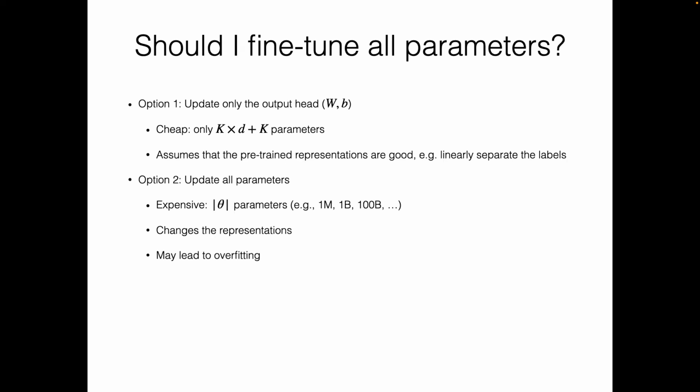So then we could consider the other extreme, which is we update all the parameters. Here, the key downside is that this is expensive. By expensive, I mean that let's say you're updating all the parameters on a 100 billion parameter model. In a later lecture, we'll break down exactly what is involved in that, like what you need to store and how you'd fit this onto different GPUs.